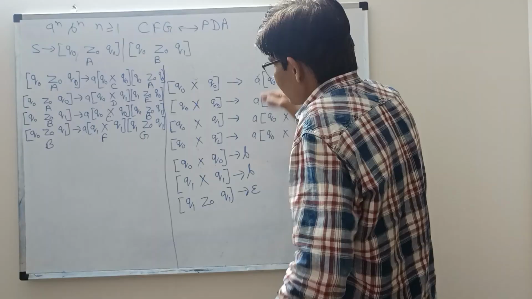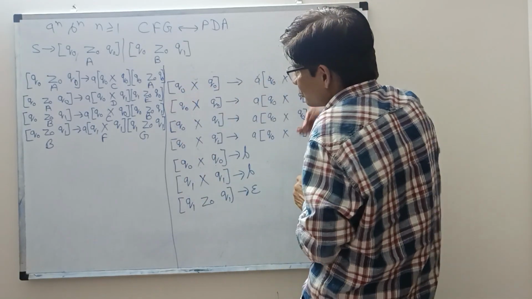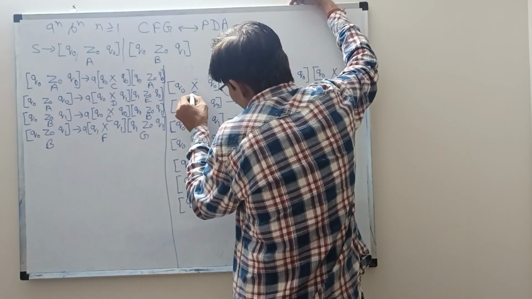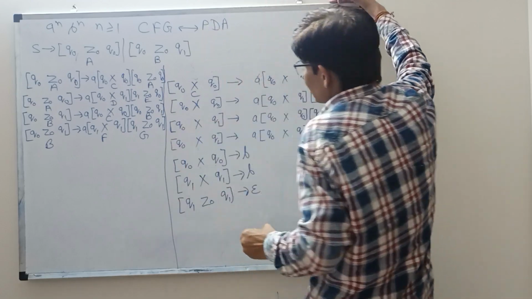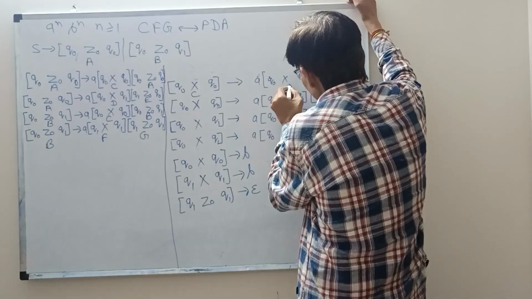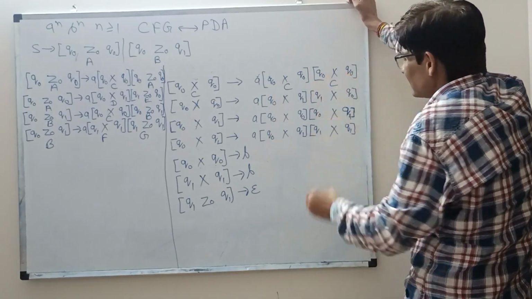Now here I have Q0 x Q0, we have already given this variable the name C. Then we have Q0 x Q0, again we have C, and Q0 x Q0, again C here.